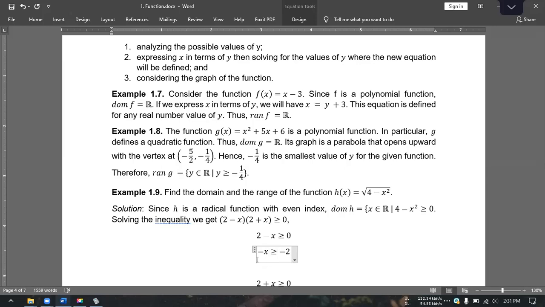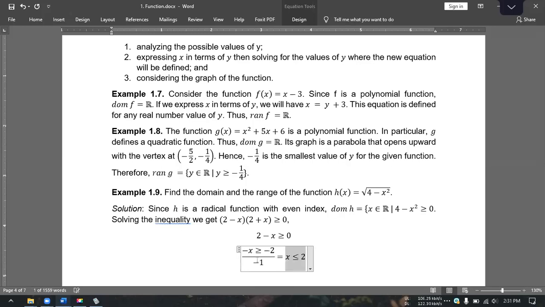So again, if we were to divide negative 1 here, this will give us x is less than or equal to 2.